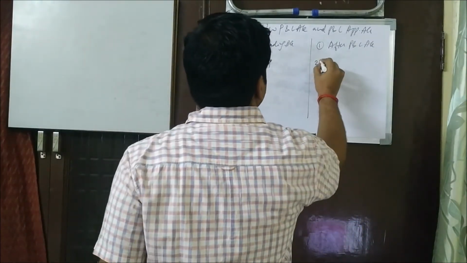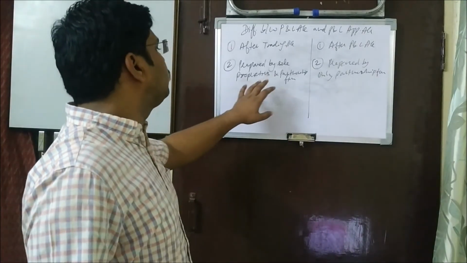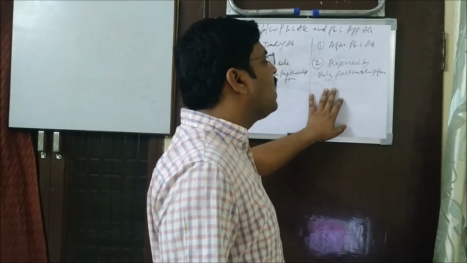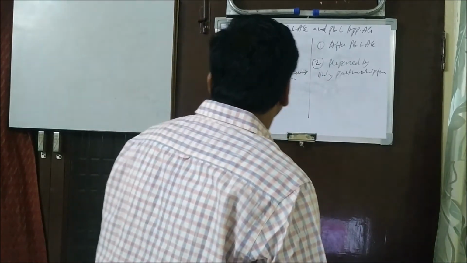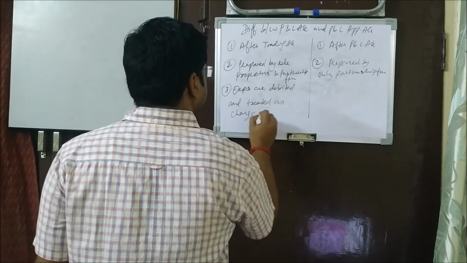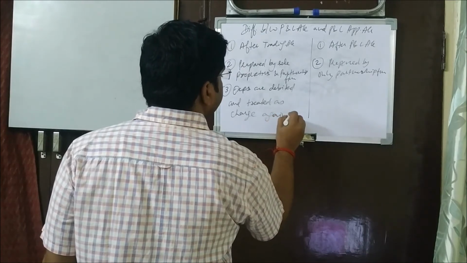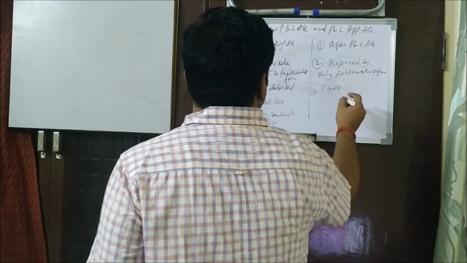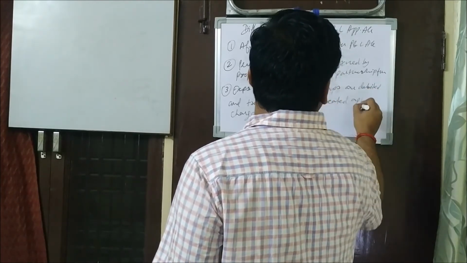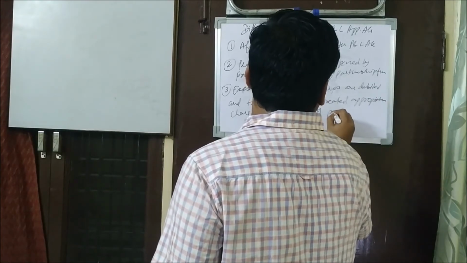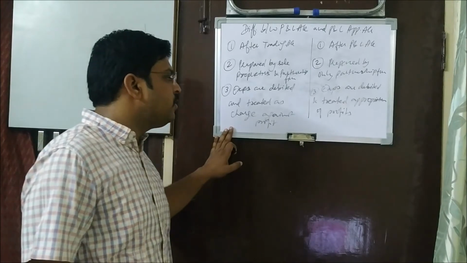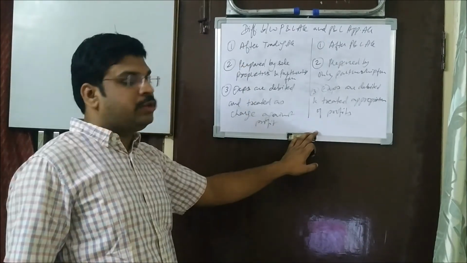Another point: the profit and loss account is prepared by sole proprietorship and partnership firms, and the appropriation account is prepared only by a partnership firm. Already we know that. Now, in the profit and loss account, expenses are debited and treated as charge against profit, and in the appropriation account, expenses are debited and treated as appropriation of profit.